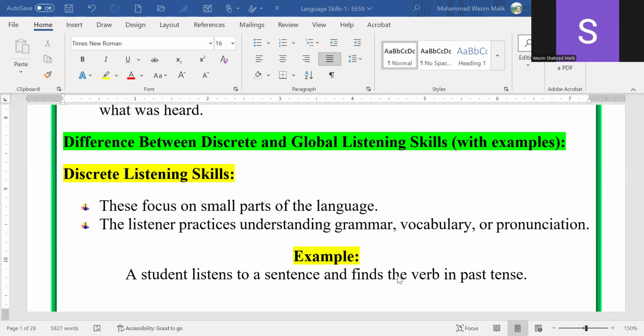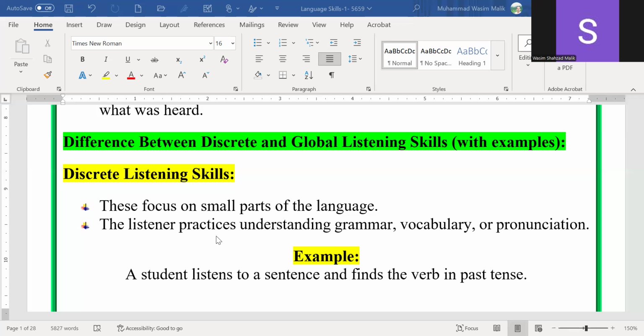For example, a student listens to a sentence and finds the verb in past tense. This is a small part of the language.